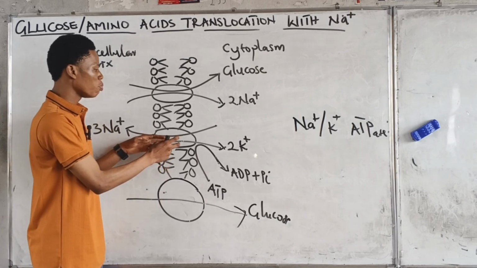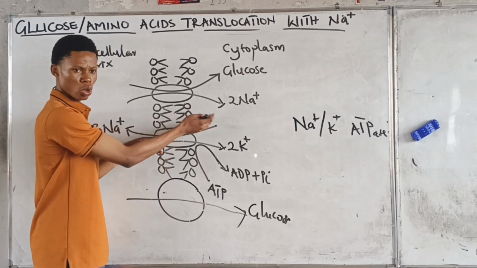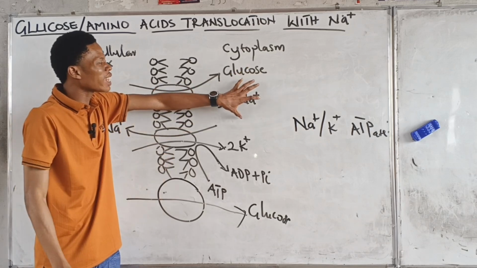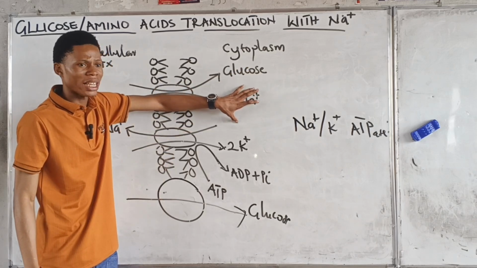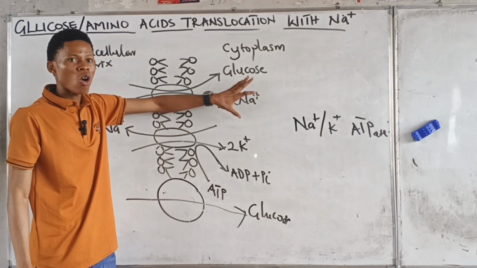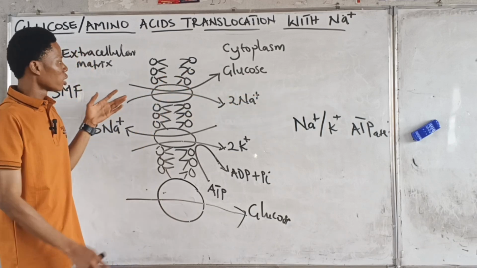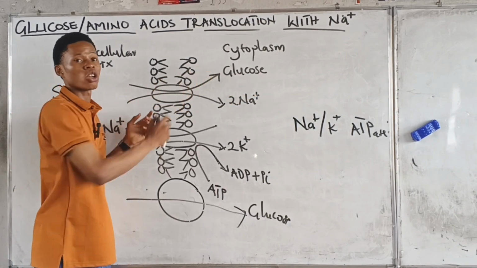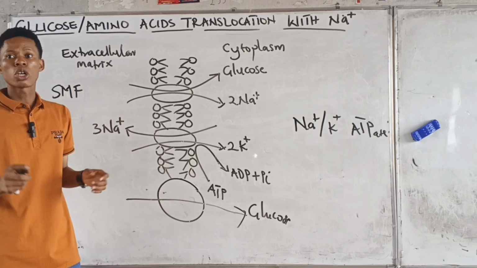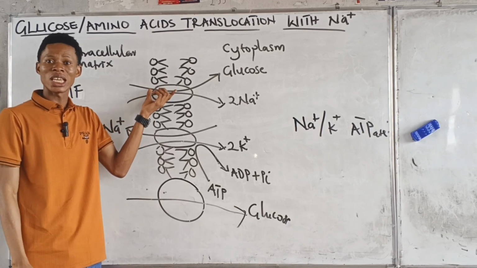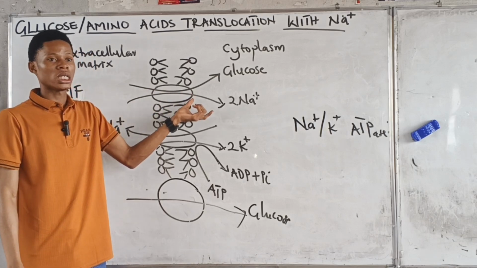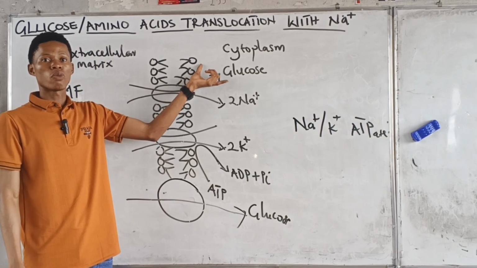If this is inhibited, sodium ion will not be sent out, right? So the sodium ions will now be more here. And as it's now more here, sodium motive force cannot be generated, and so glucose cannot even be transported into the cell, because it's actually the sodium motive force, generated by the transport of sodium with the concentration gradient, that was driving the transport of glucose.